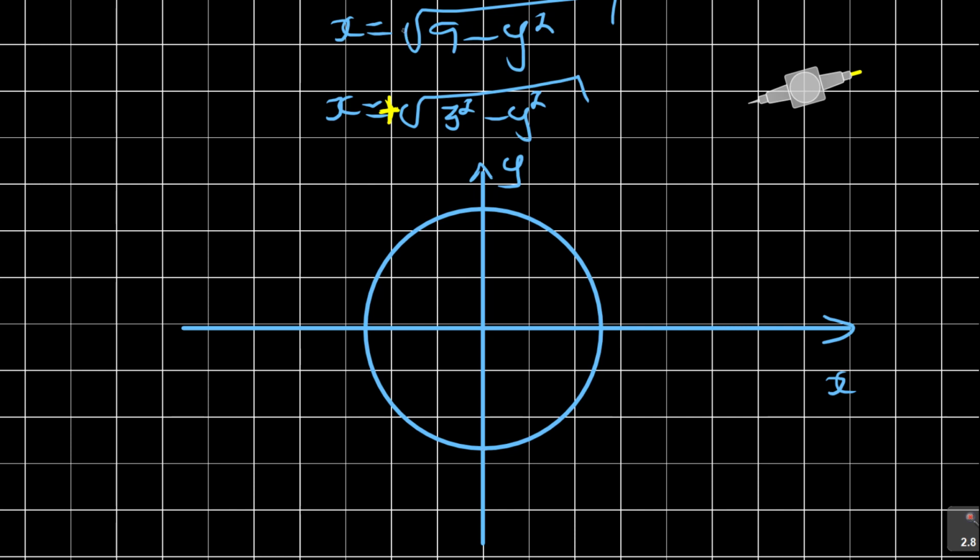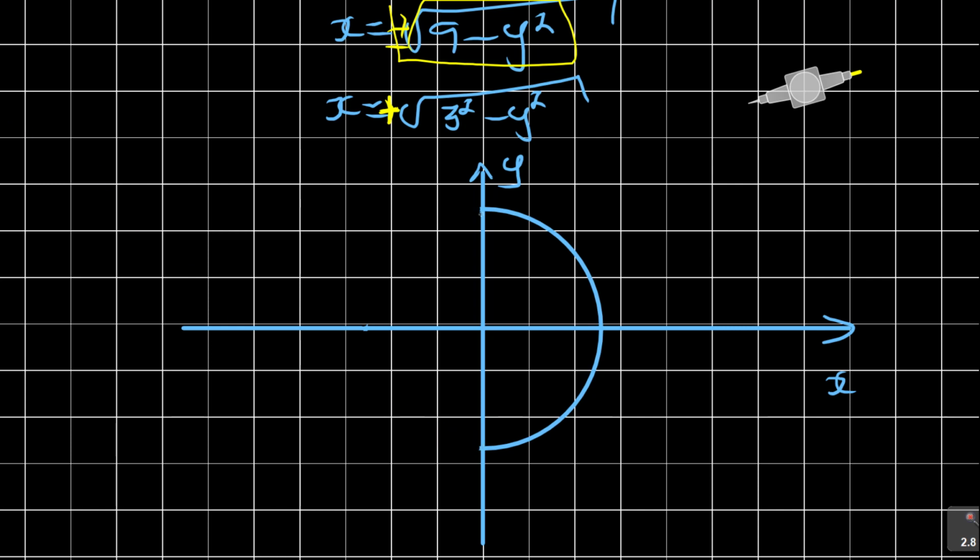Because it says the positive value. If they said plus or minus, it was going to be the full circle. But now it only focuses on the positive value, meaning I must erase this side of the graph, and erase this side also. It does not exist.